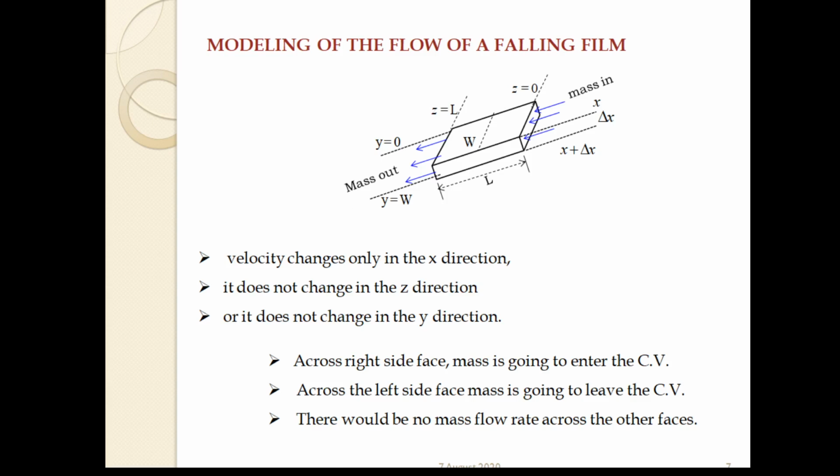The velocity decreases towards the solid plate, and at the plate it is zero because of the no slip condition, meaning no relative velocity is present between the solid and the liquid interface.